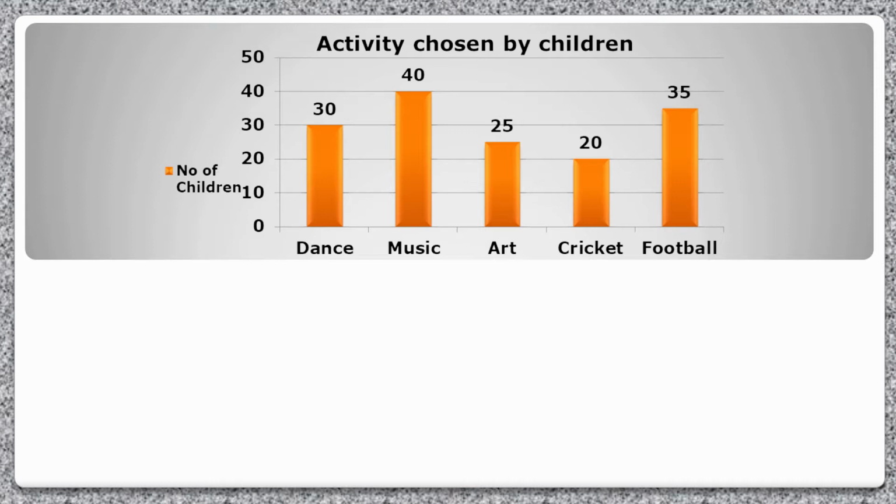Like in this graph, 30 children have chosen dance for extracurricular activity, 40 music, 25 art, 20 cricket, and 35 children have chosen football.